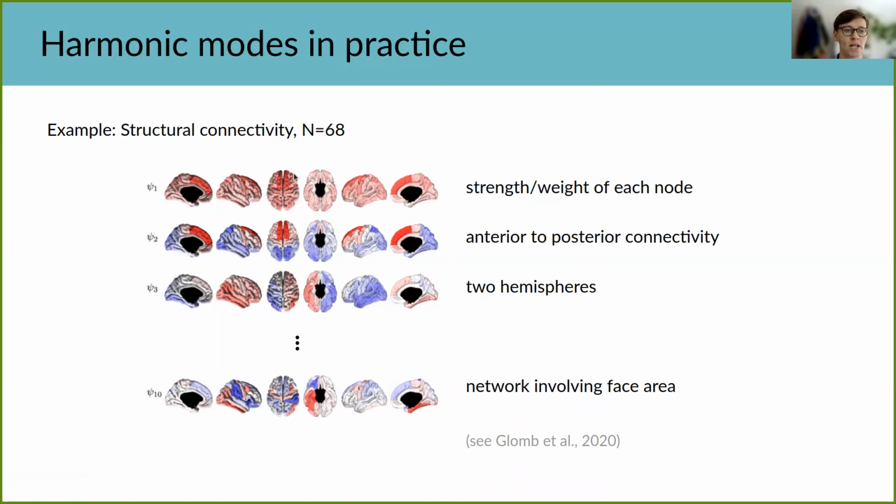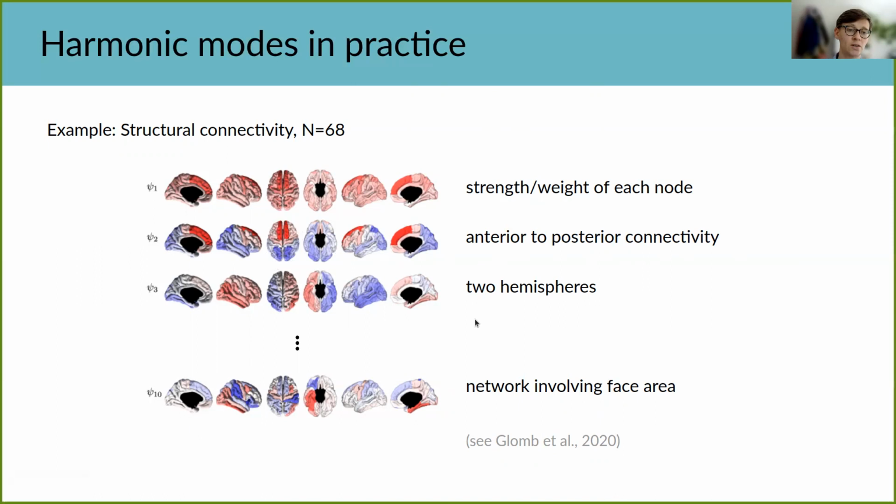Then if you take the next one, you see this anterior to posterior connectivity gradient. I'm just going to drop this word here. So what this tells you is that frontal connectivity is very different from occipital connectivity, right?